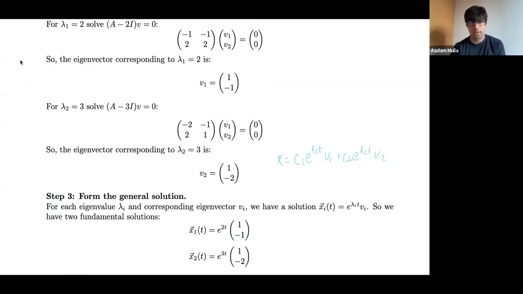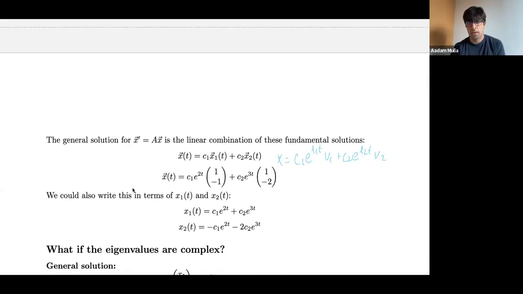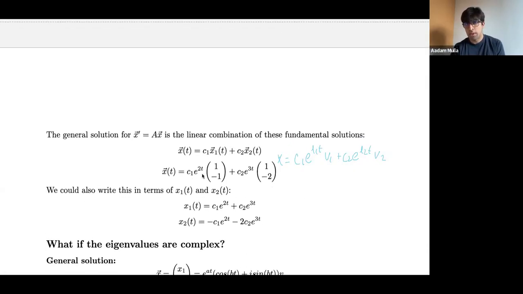And then you plug it in. So here, c1 e^(2t) times the eigenvector for 2, c2 e^(3t) times the eigenvector for 3.